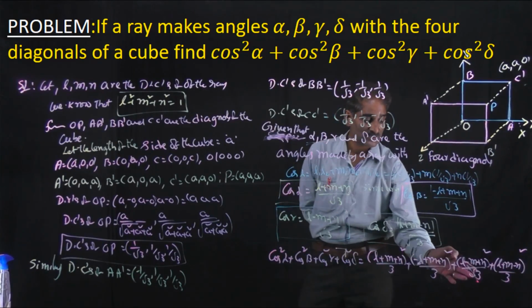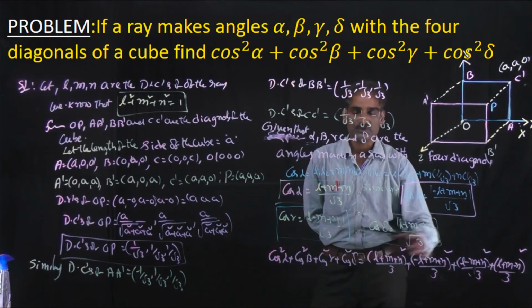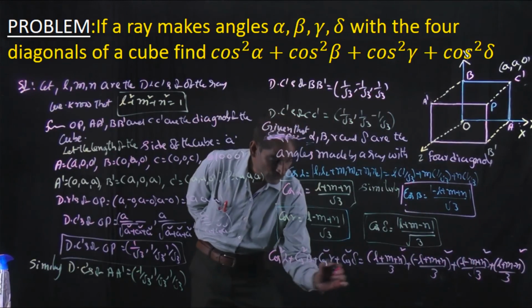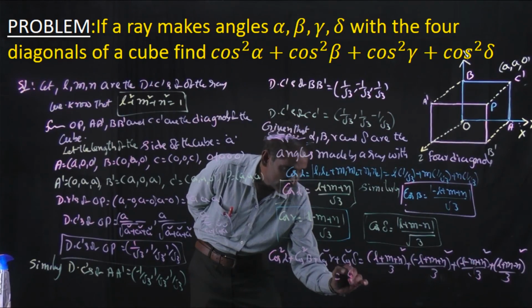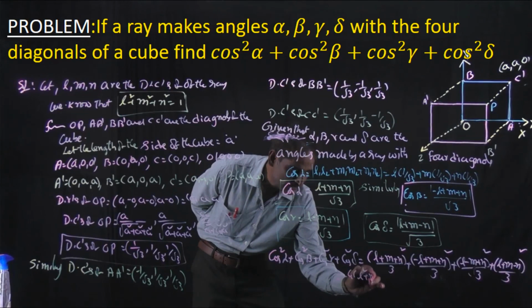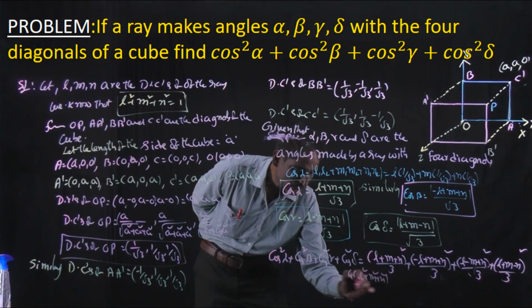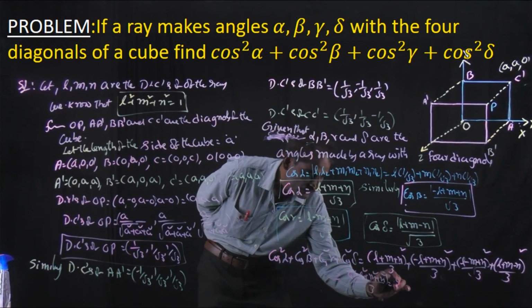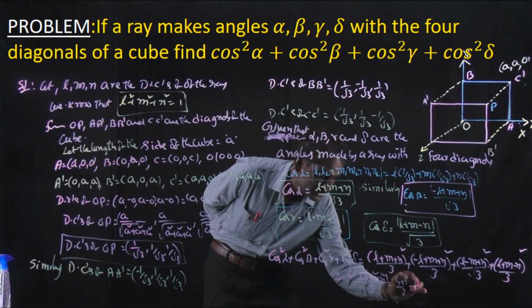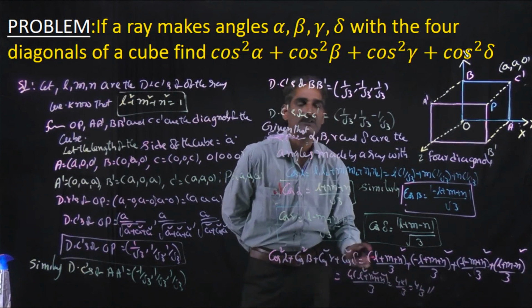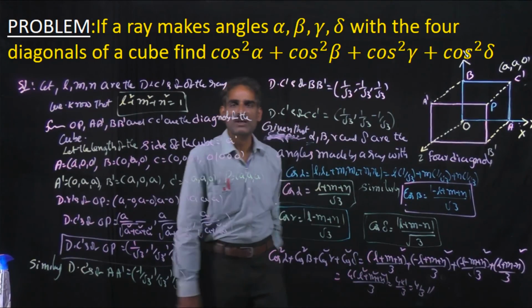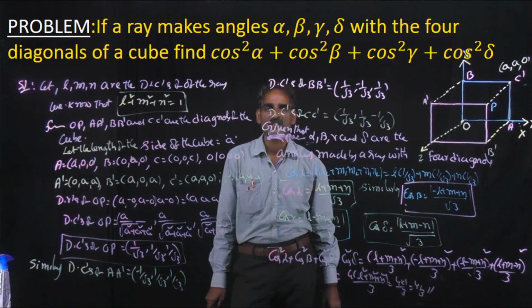Here the LCM is 3. Simplifying the numerator, we get 4 into L square plus M square plus N square by 3, that is 4 into 1 by 3, which is equal to 4 by 3.